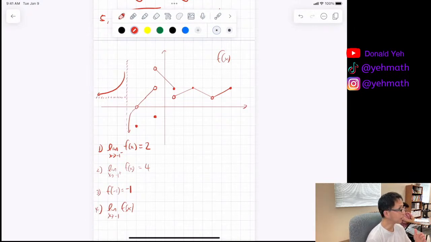One is equal to 4, one is equal to 2. But every time I check one particular number, you should think about it from both ends. Left and right are reaching the same number. If they're not reaching the same number, it is undefined. If they reach the same number, then it exists, and that's going to be the output. Okay? Does that make sense?